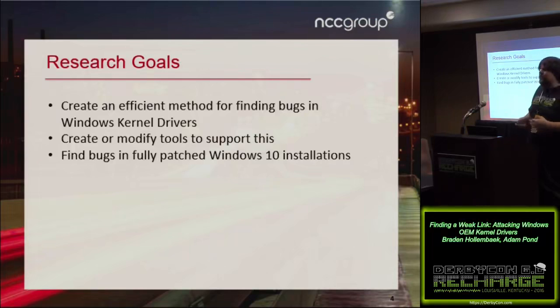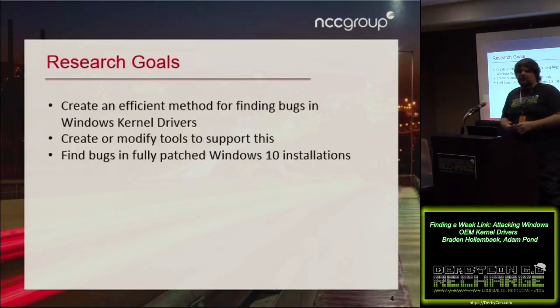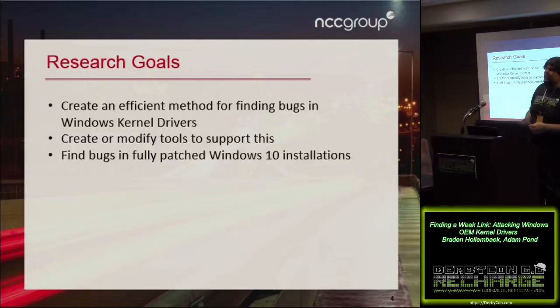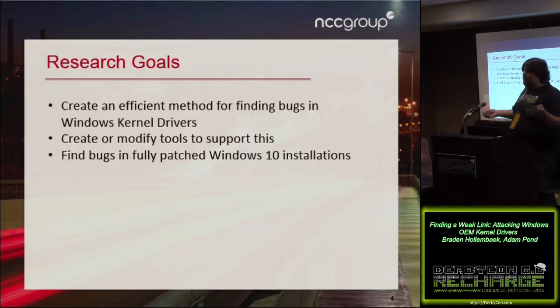So we decided we wanted to make a methodology that somebody with some native application security experience, but maybe not necessarily down in kernel land, could use to find some Windows kernel bugs. We did some brainstorming, and we came up with 3 specific goals that we wanted to satisfy. The first one was obviously to create this methodology, and we focused on making it easy to do, reproducible, and somewhat efficient.